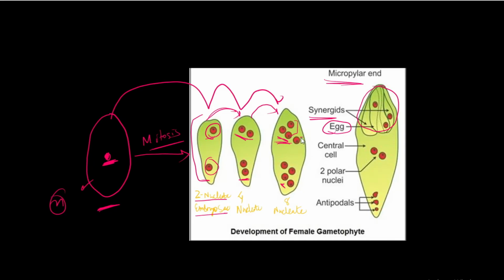In the bottom region, one nucleus out of the four nuclei moves into the center, while the other three get arranged. These three nuclei gather some cytoplasm and form cells called antipodal cells.